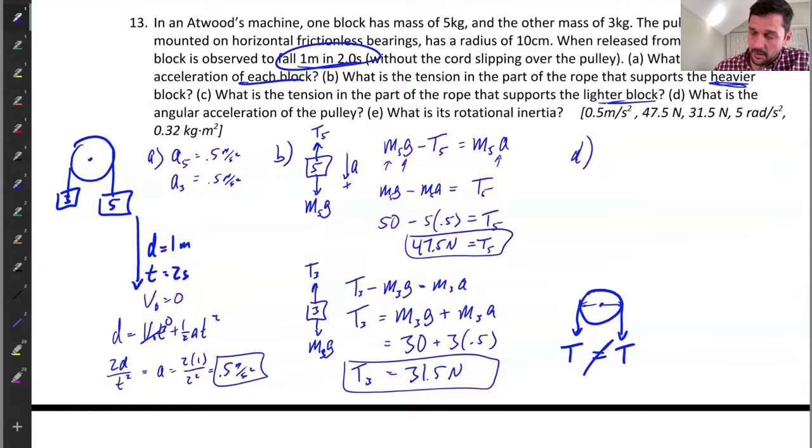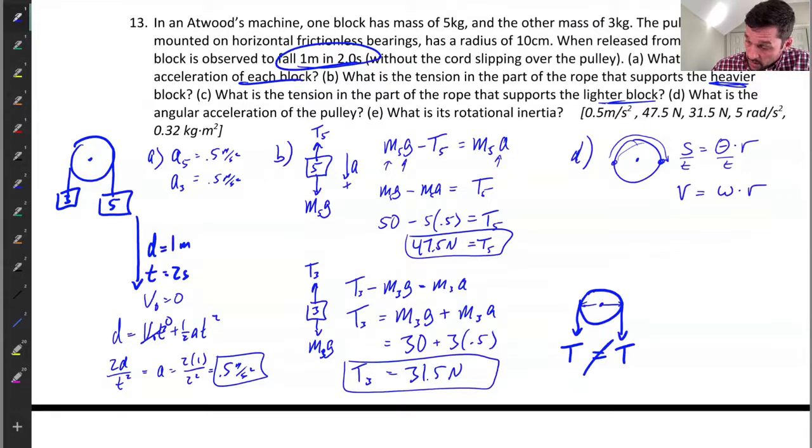For a given amount of distance that the string travels, for some arc length, usually indicated by a letter S, that's going to be equal to the angular displacement times R. And if we divide these by time, then we have the linear speed, the linear velocity, is equal to the angular velocity times R.